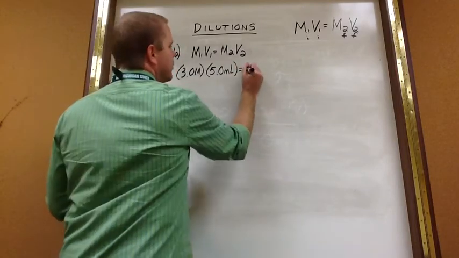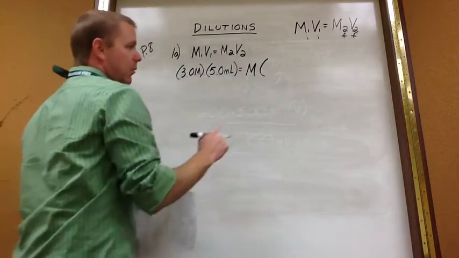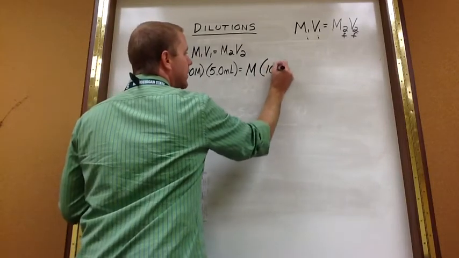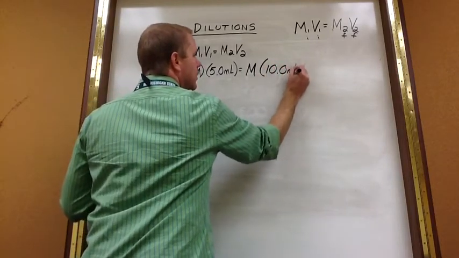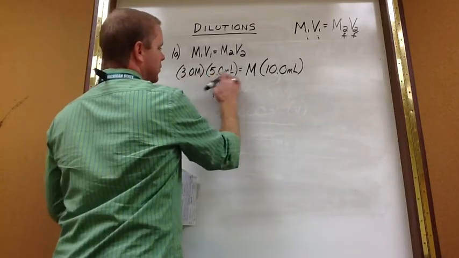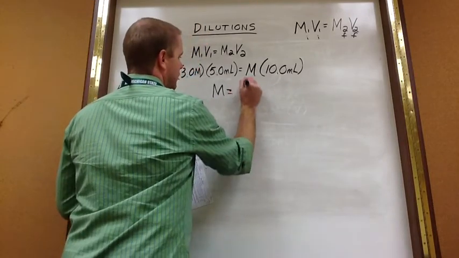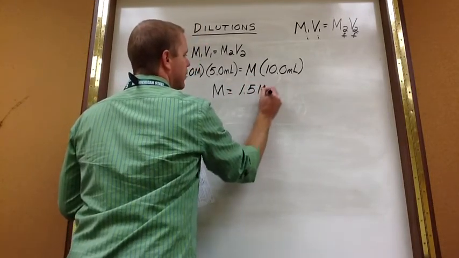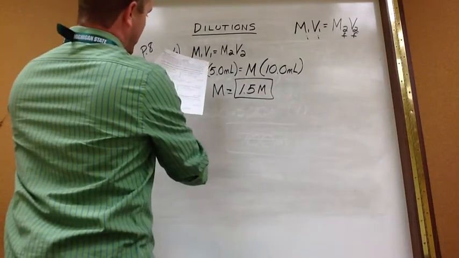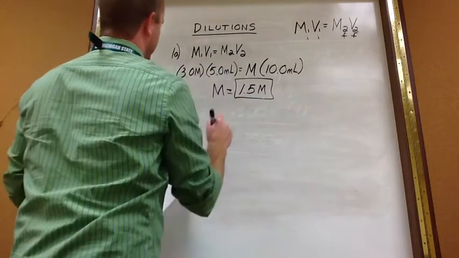That is going to be equal to the new molarity when you put in 5 milliliters of water. Well, the total volume then would be 10.0 milliliters. You solve this for M. 2 sig figs, 2 sig figs, 3 sig figs. Therefore, there can be 2 in your answer. And the answer is 1.5 molar. At the bottom, you're going to find it in random order, so you'd go find 1.5 and cross off for units and M for molar.